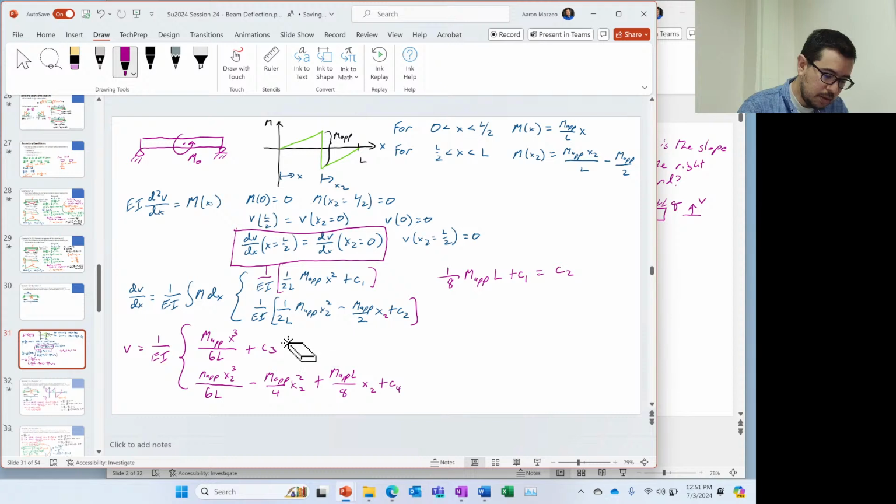All right, so here, when we do this integration out, we get a C1x, right? And we get a, we're going to say this is plus C3. And here we get, okay, we don't know this.